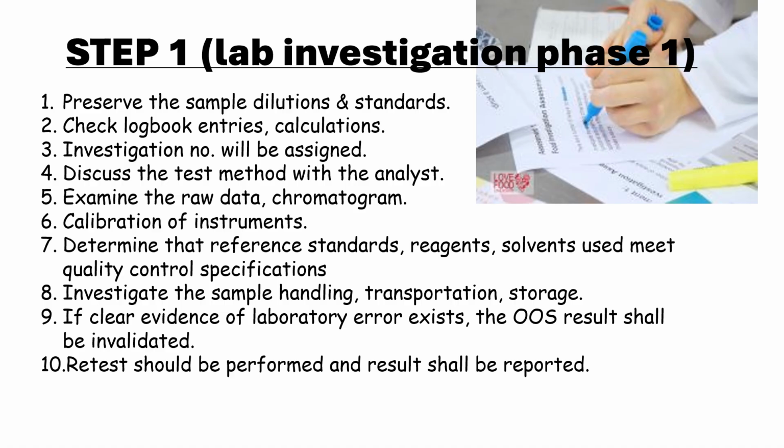The HOD should also have a thorough look at the calculation, and if still there is no error found in the calculations, or there are logbook entries everywhere and there is no deviation in the method, then the HOD will contact the quality assurance team and take an investigation number.